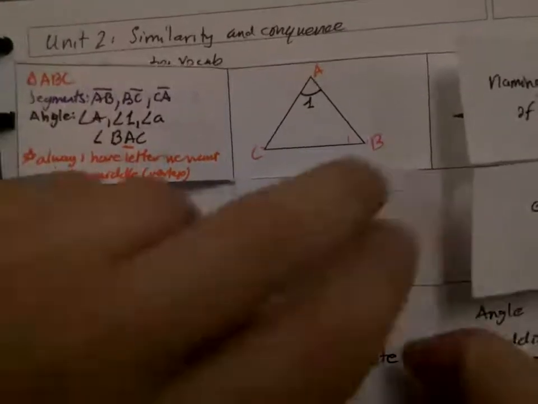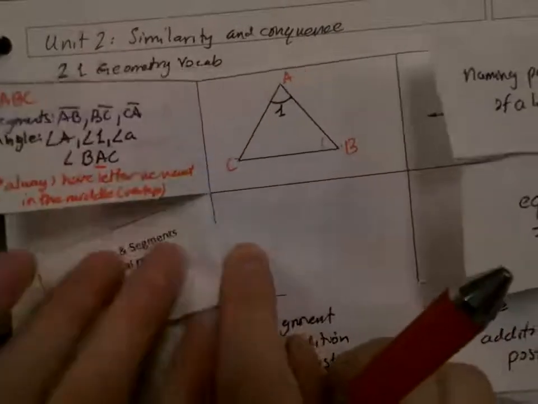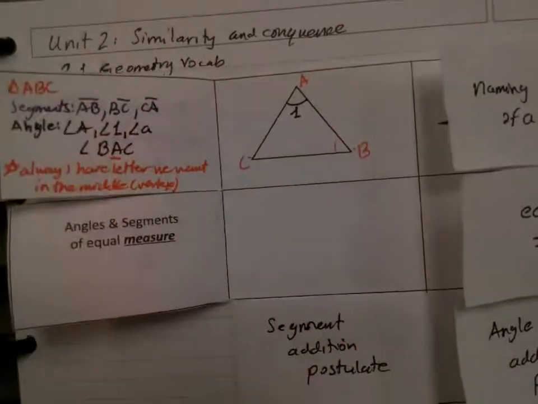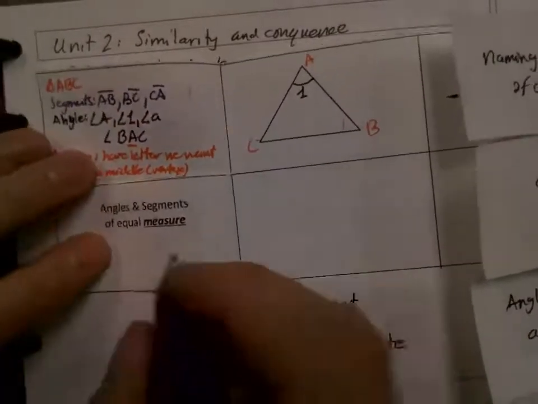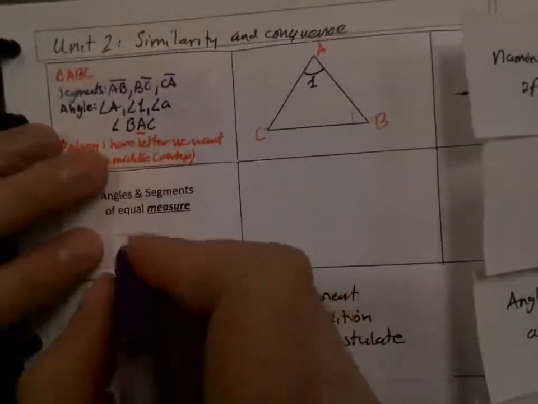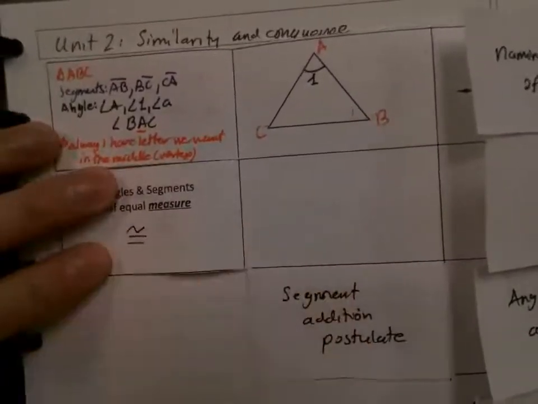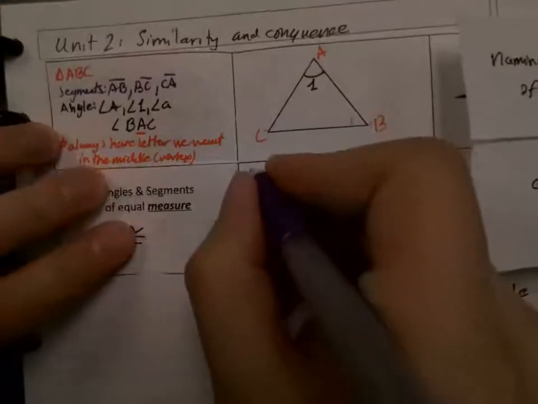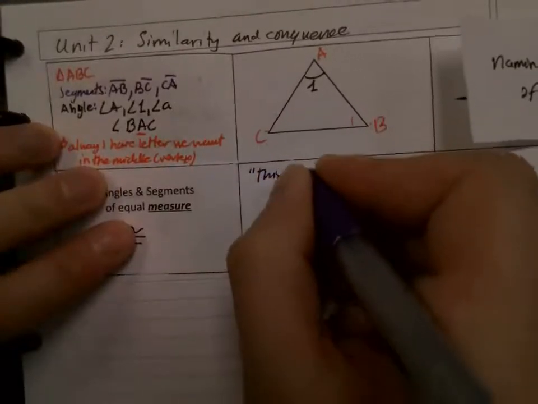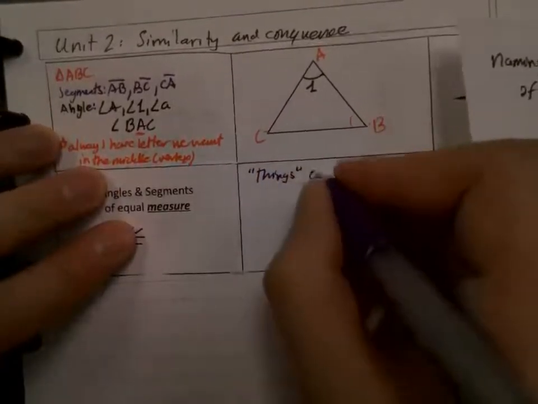We're going to talk about congruent next. All right, so congruent is the angle or segments of equal measure, which we describe with this symbol, right? Okay, things are congruent.